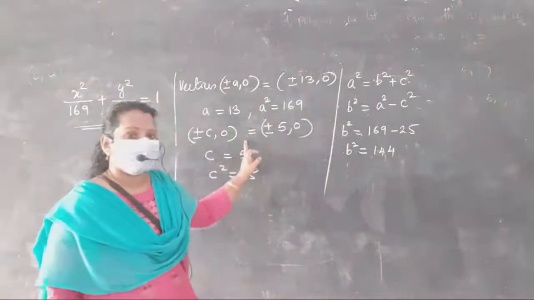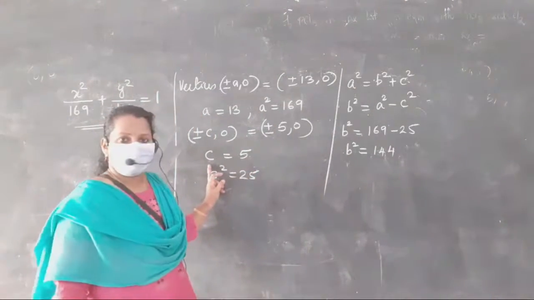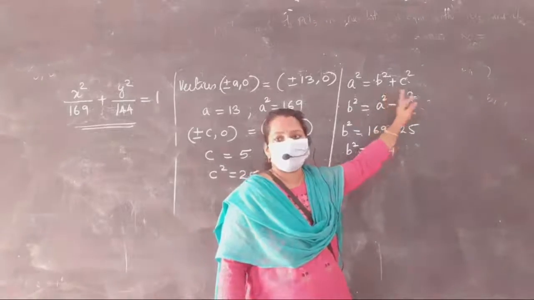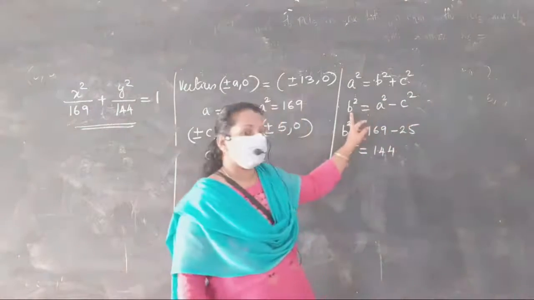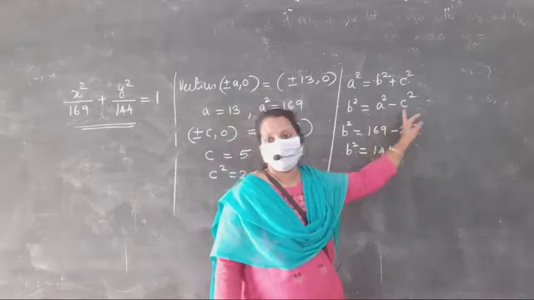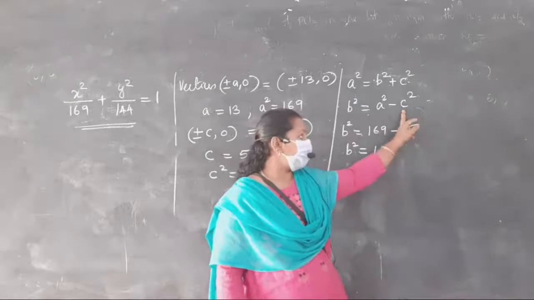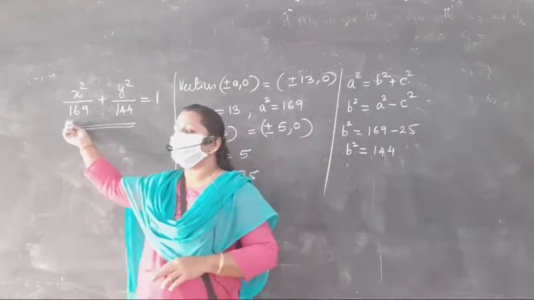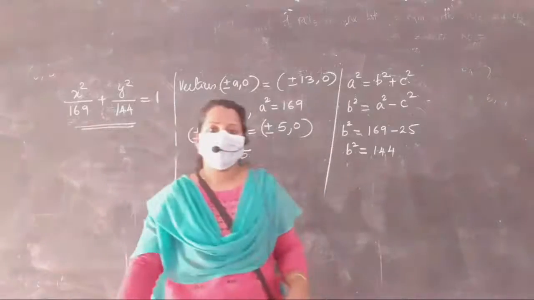Then foci ആണ് തന്നിരിക്കുന്നത്. c കിട്ടി. Then the relation between a, b and c: a square equal to b square plus c square. From this b square equal to a square minus c square. That's b square equal to 144. ആദ്യ ഇക്വേഷനിൽ a സ്ക്വയറിന്റെയും b സ്ക്വയറിന്റെയും വാല്യൂ സബ്സ്റ്റിറ്റ്യൂട്ട് ചെയ്യും.